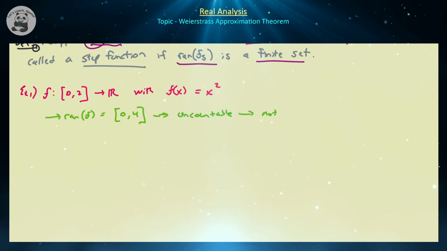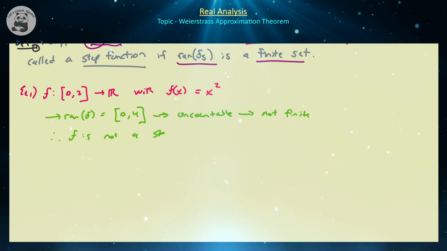And from here we have that this is definitely not a finite set. So if that is the case, that means that f is not a step function, right? So sad day for the parabola.